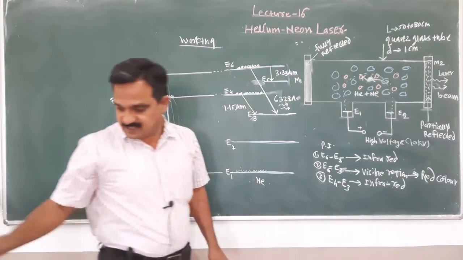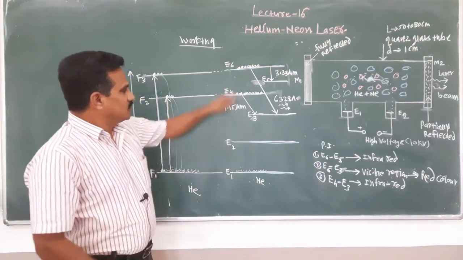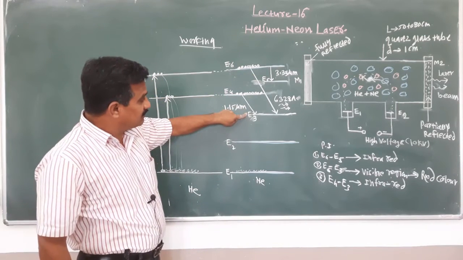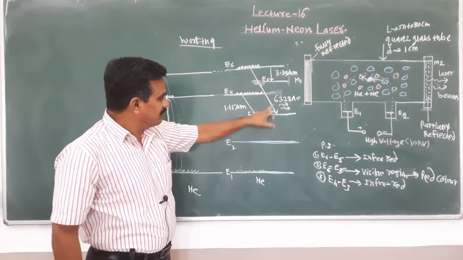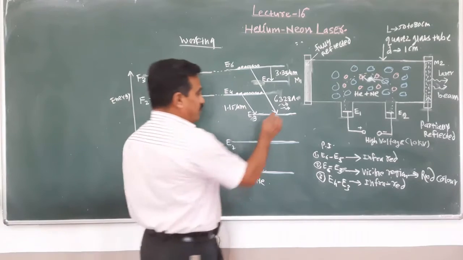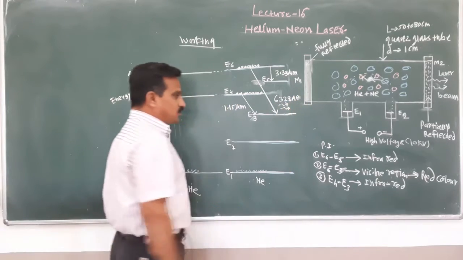So three radiations are there: two are in the infrared region, and the third one is in the visible region, with a wavelength of 6328 angstrom.